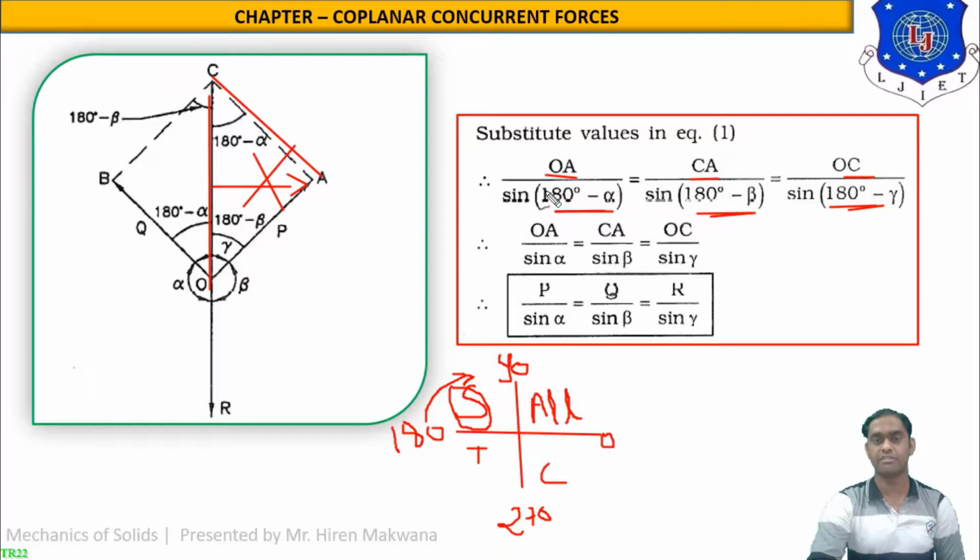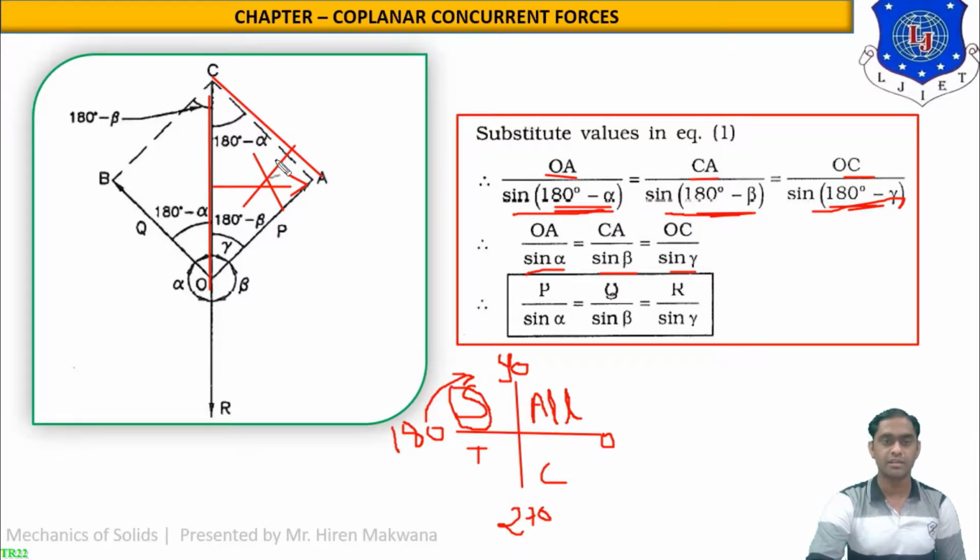So from this, sine of 180 minus alpha equals sine alpha. Similarly, sine of 180 minus beta equals sine beta, and similarly sine of 180 minus gamma is equal to sine gamma. So hence sine of 180 minus alpha, 180 minus beta, 180 minus gamma is converted into sine alpha, sine beta and sine gamma only. Now what are OA, CA and OC?